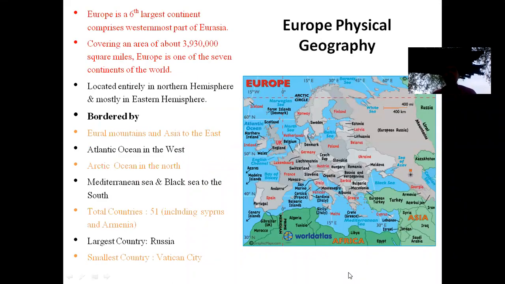When you talk about the physical geography of the Europe continent, it is the sixth largest continent among seven, the second smallest continent we can say.